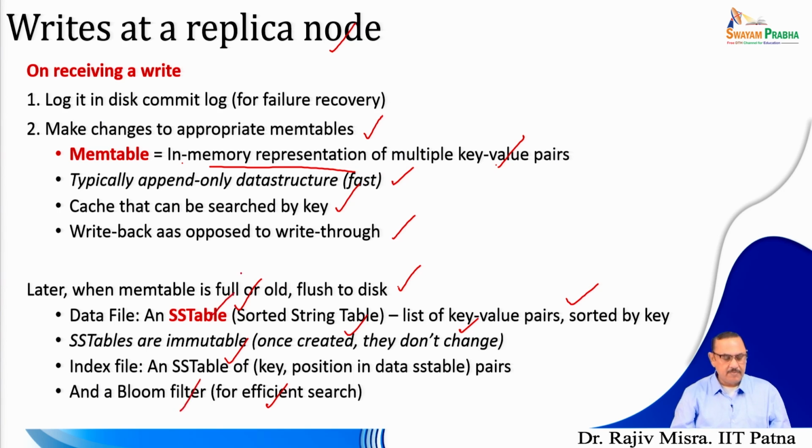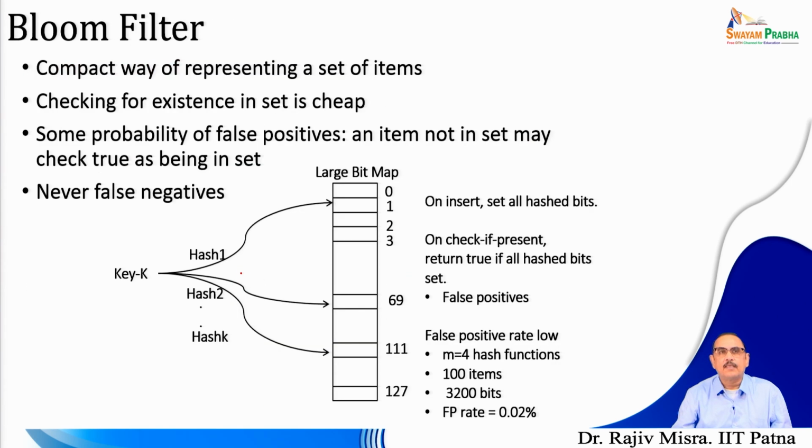Because when the mem table is old or flushed to the disk, the data file is stored in the form of SS table, which is nothing but a list of key value pairs sorted by the key, and SS tables are immutable, once created they do not change. And also there is an index file, that is an SS table of key position pairs, and for an efficient search it requires a Bloom filter.